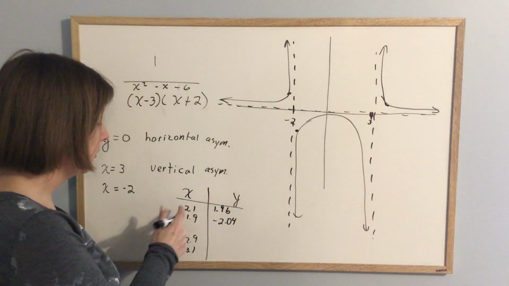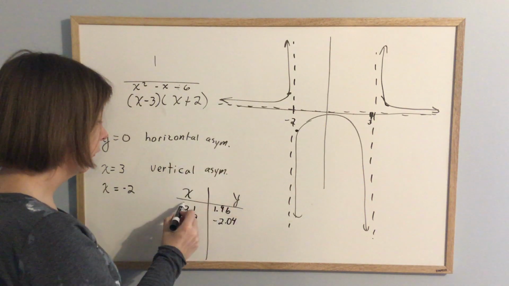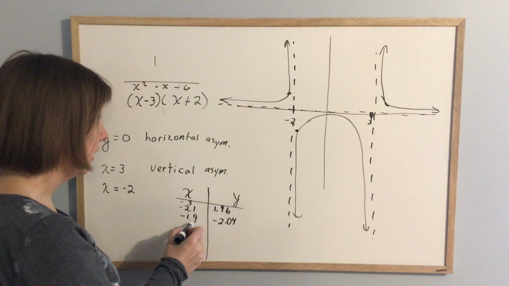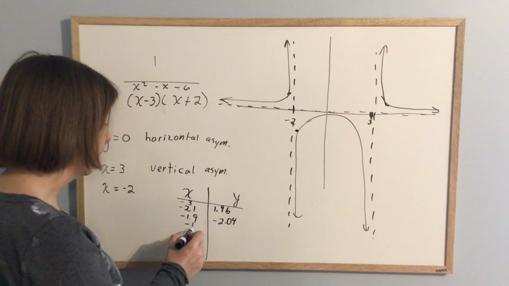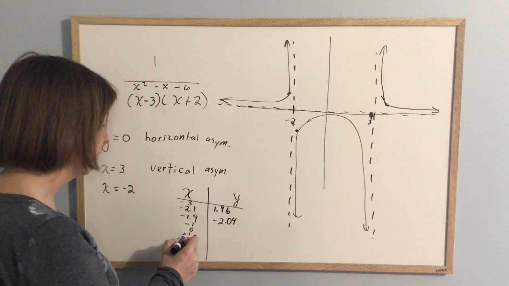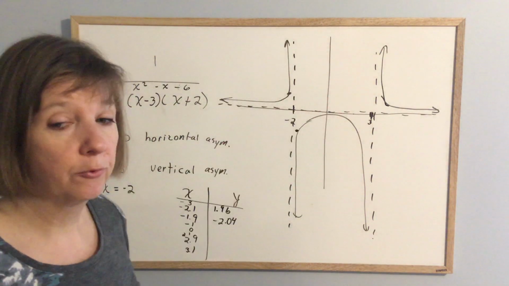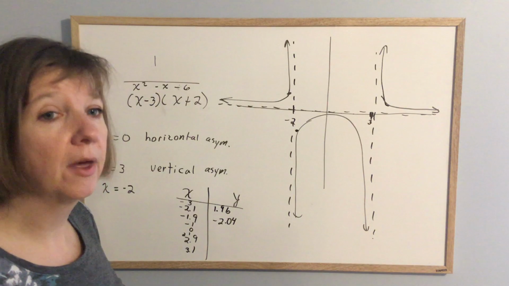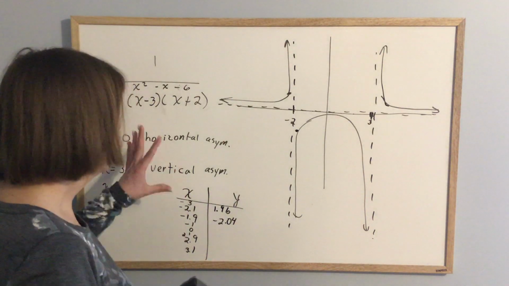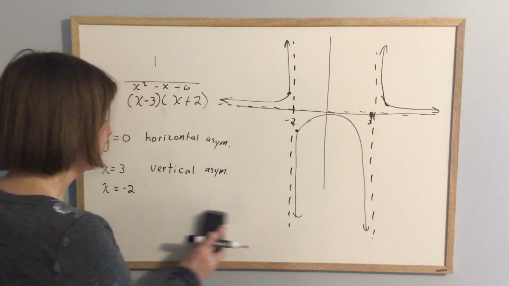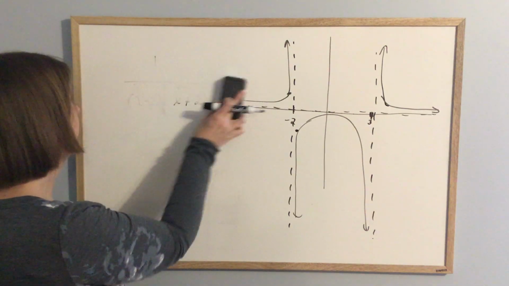I'd pick some other numbers besides this, like I would go further back. I'd do maybe -3, and then maybe -1, 0, 1, and 2, just to fill in some numbers so that it's easier for me to get the picture. I don't need to do that because I know what it looks like. But that's how you find your vertical and horizontal asymptotes, and then you do a quick table of values.